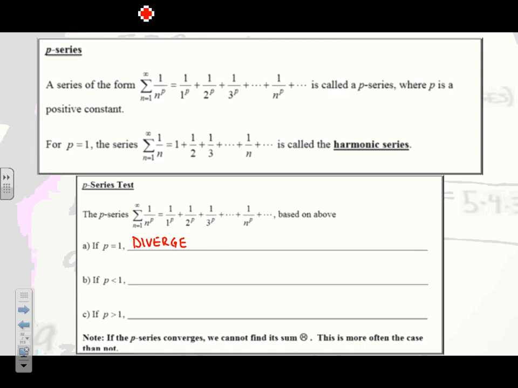If p is less than 1, like 1 over n to the 1/2, or 1 over n to the 2/3, then our series will diverge. And if p is anything larger than 1, it will always converge.